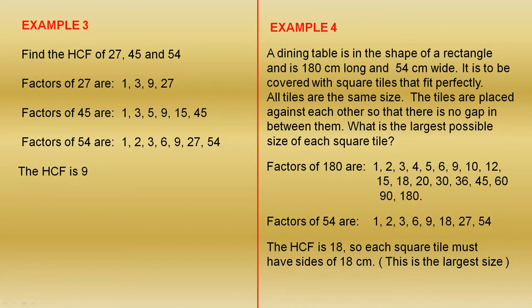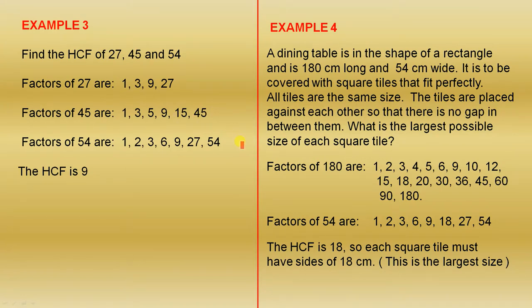Example 3. Find the highest common factor of 27, 45 and 54. The factors of 27 are 1, 3, 9 and 27, so there are 4 of them. The factors of 45 are 1, 3, 5, 9, 15 and 45, so there are 6 of them.